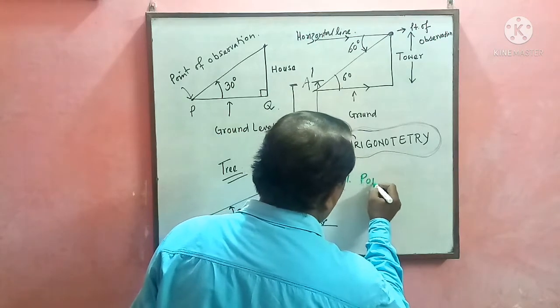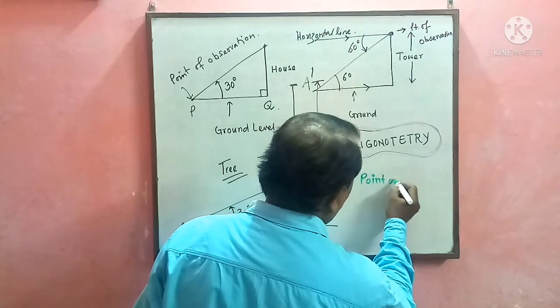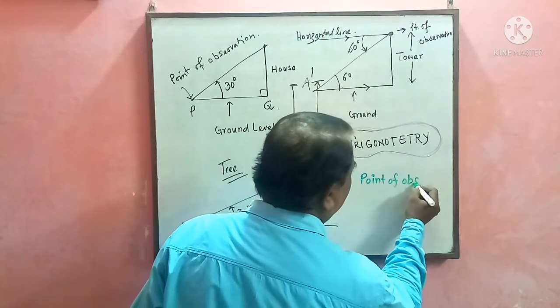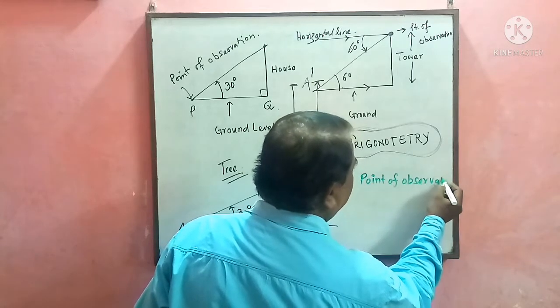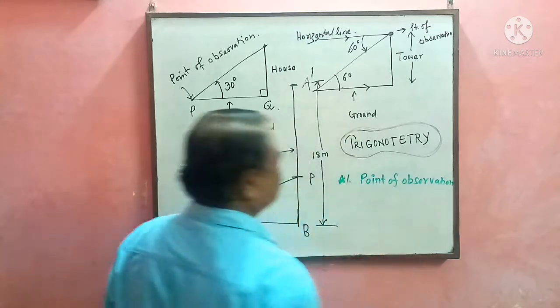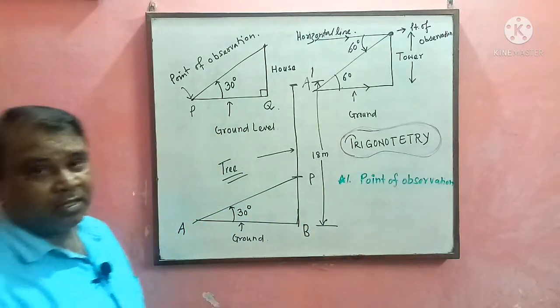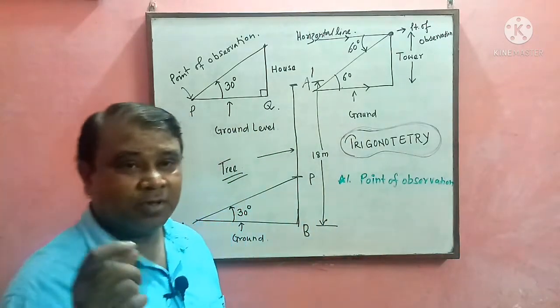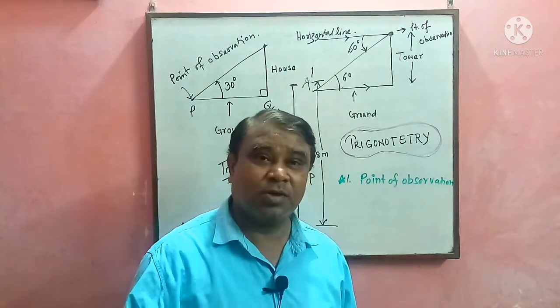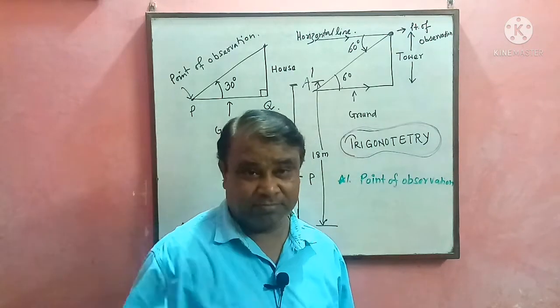Point of observation. Number one, the point at which you are having a vision.